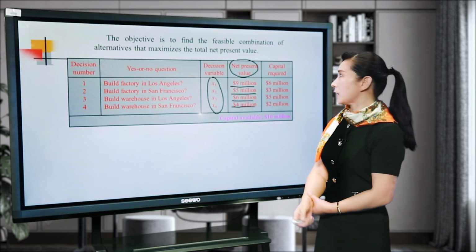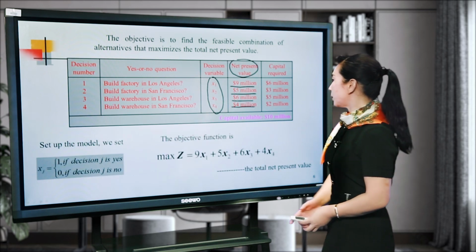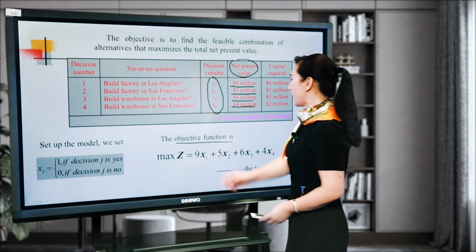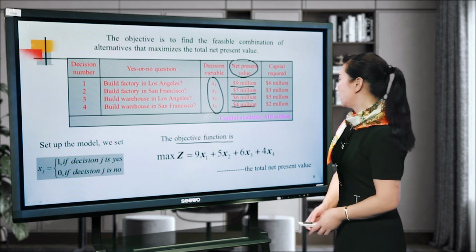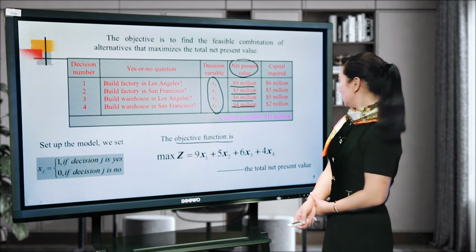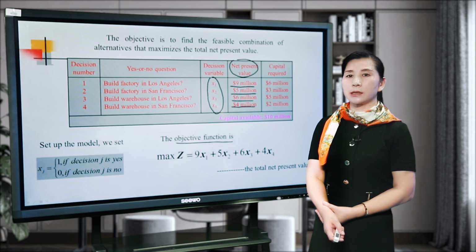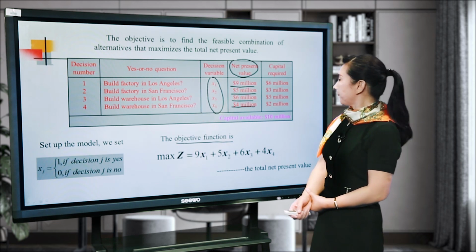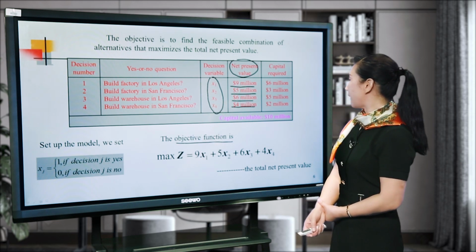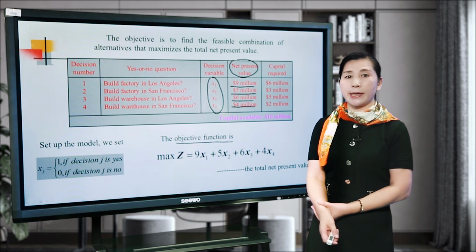We get the objective function: maximize z equal to 9x1 plus 5x2 plus 6x3 plus 4x4. This is the objective function, the total net present value we need to maximize.